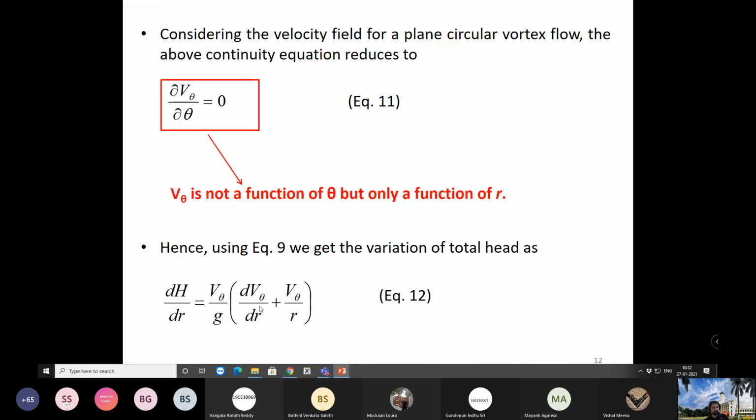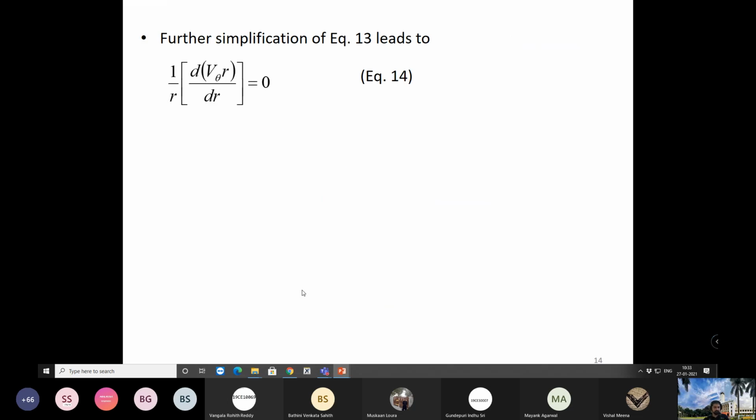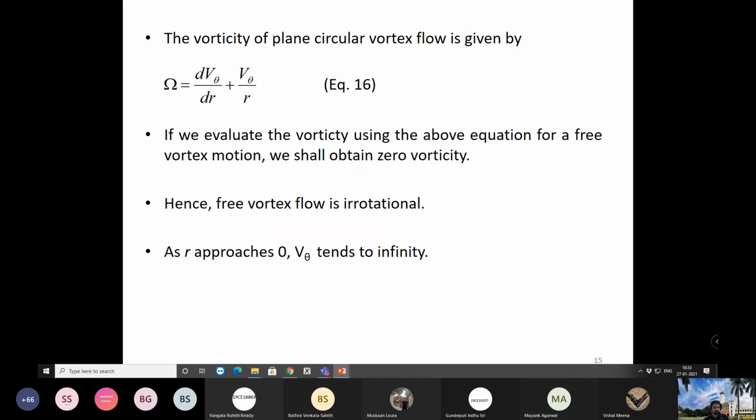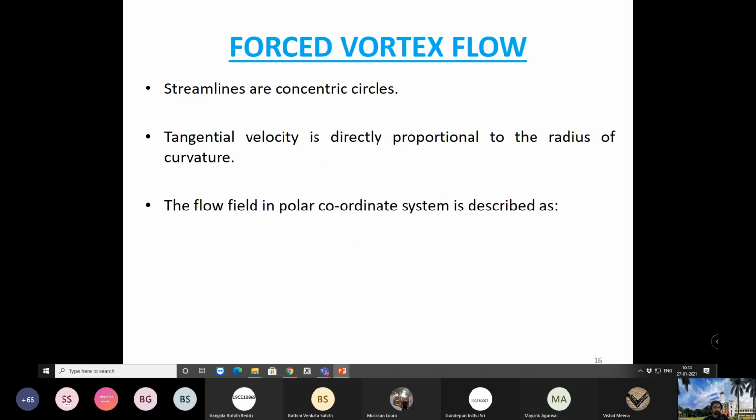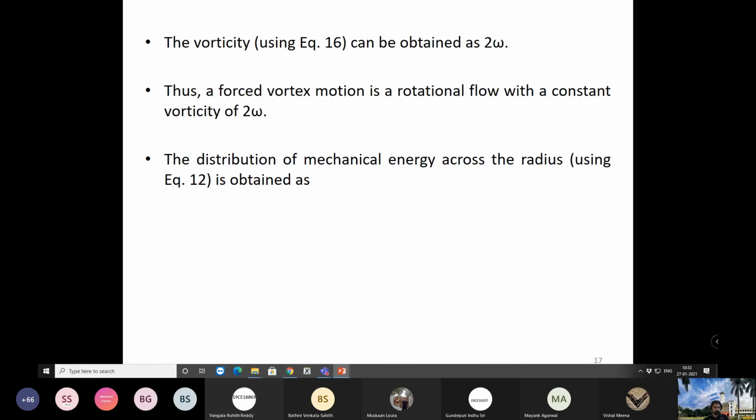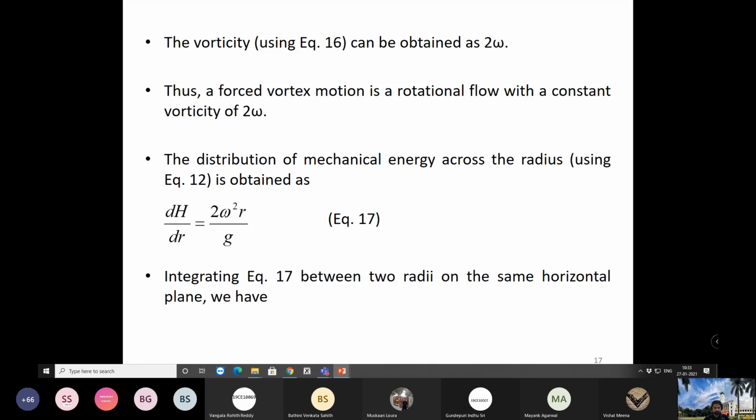This is nothing but the vorticity, this term. Using this for a forced vortex, dH by dr is equal to 2 omega square r by g, because V you put as r omega.